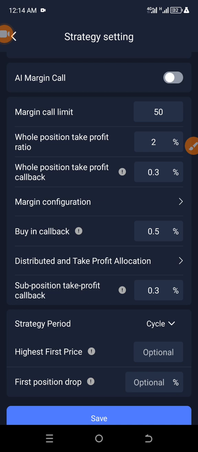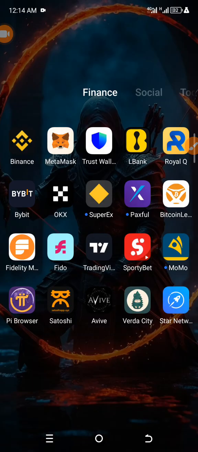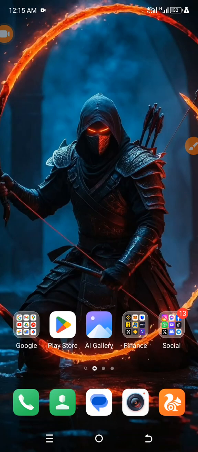It will wait for the coin to go higher. So let's assume the market has gone up by 2%. Now, the whole position take profit callback simply means that when the market starts dropping by 0.3, I want you to sell this coin and give me my profit. Okay, so now let's look at this.